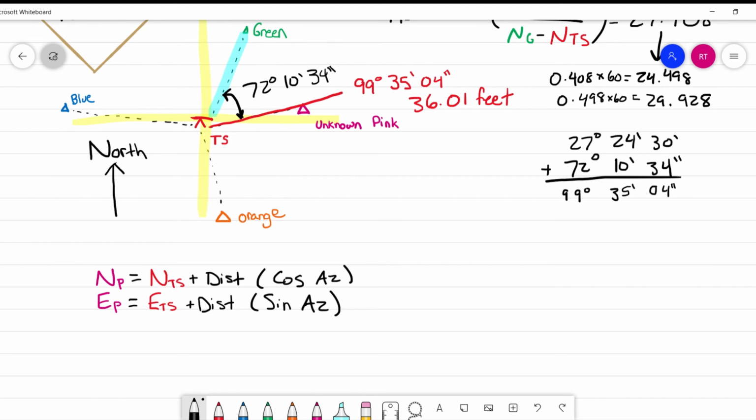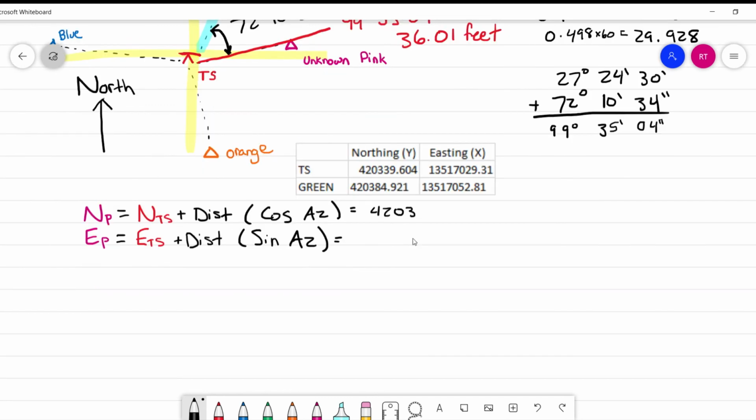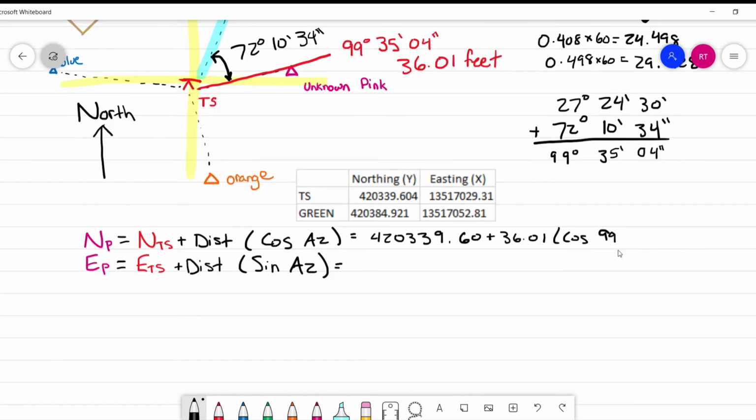So this ends up looking like 420,339.60 plus 36.01 times the cosine of 99 degrees 35 minutes and 04 seconds. Over here we will do 1,351,7029.31 plus 36.01 times the sine of 99 degrees 35 minutes and 04 seconds.